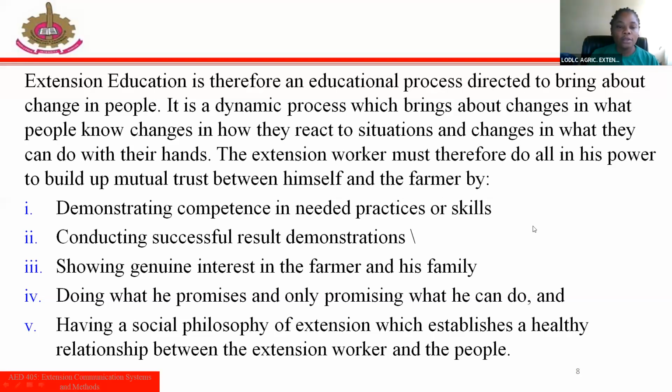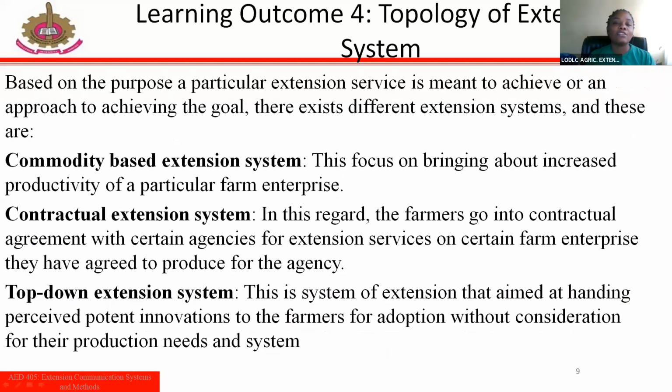Good. So moving on to the next thing, which is learning outcome 4, typology of extension systems. We have different typologies, but we'll be talking based on the existing ones. The purpose of a particular extension service is meant to achieve a goal, okay?